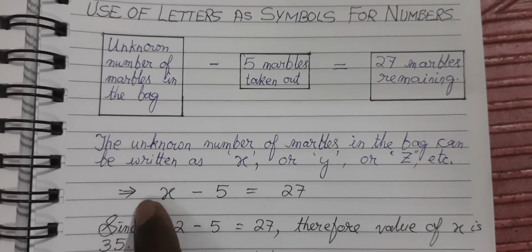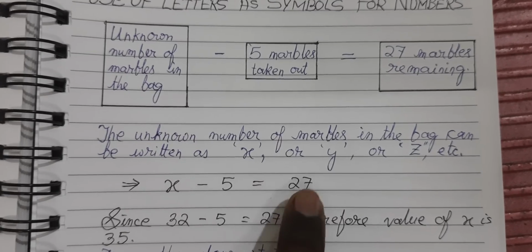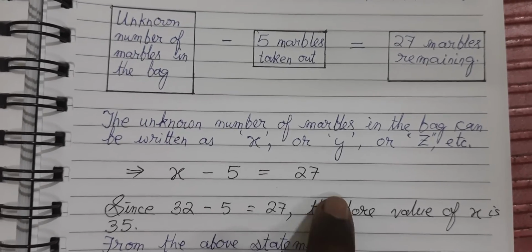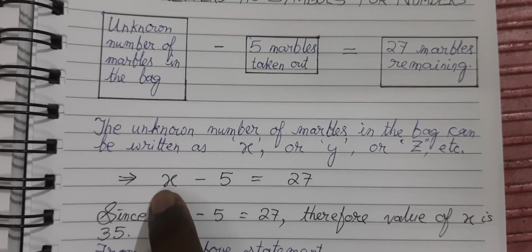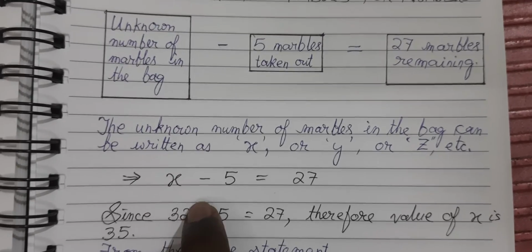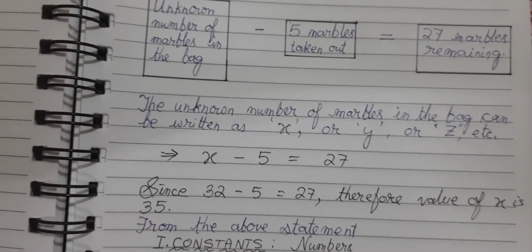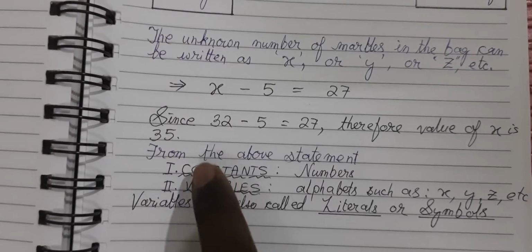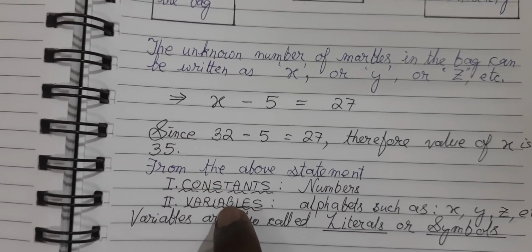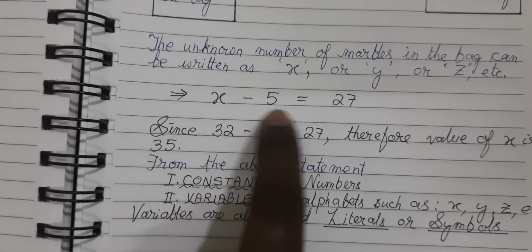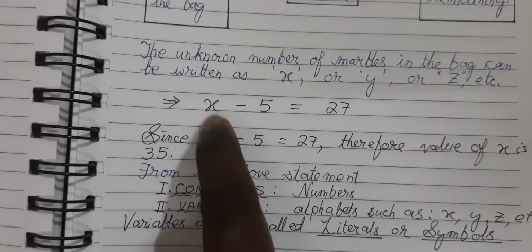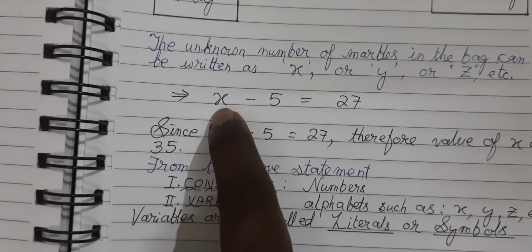So X minus 5 equals to 27. This statement is called an algebraic statement or algebraic expression. Now, if you want to know the meaning of algebraic expression, we have to know the meaning of constants and variables first. So, in this sentence, this X represents variable.